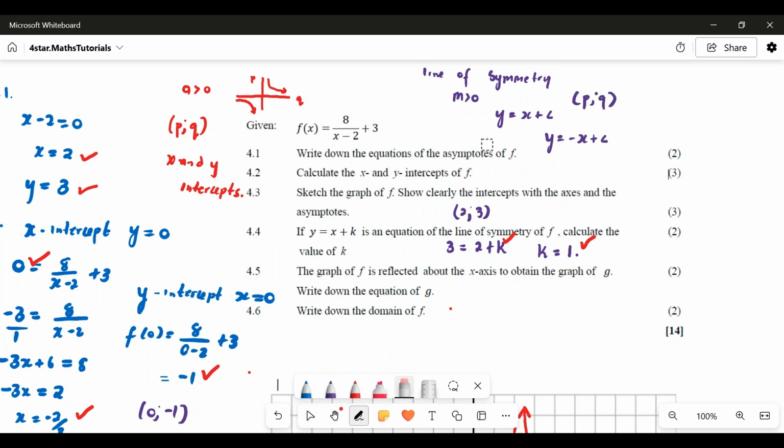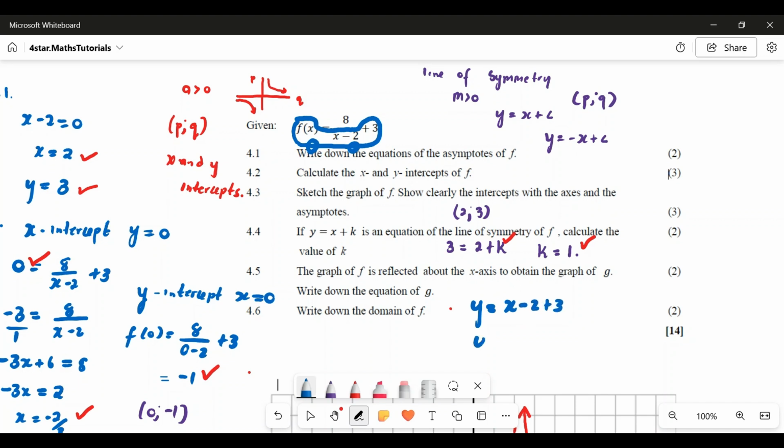Then from there, I'm going to write y. f at x represents y. y is equals to x minus 2 plus 3.